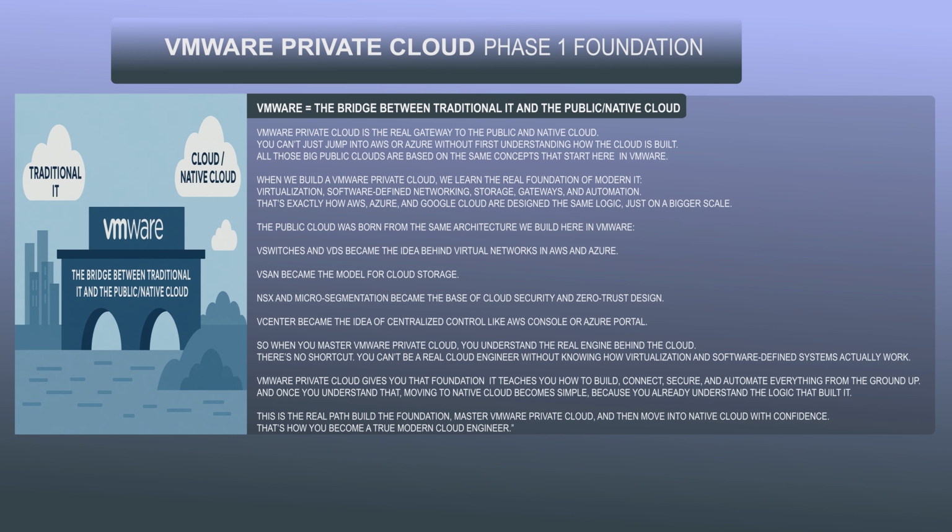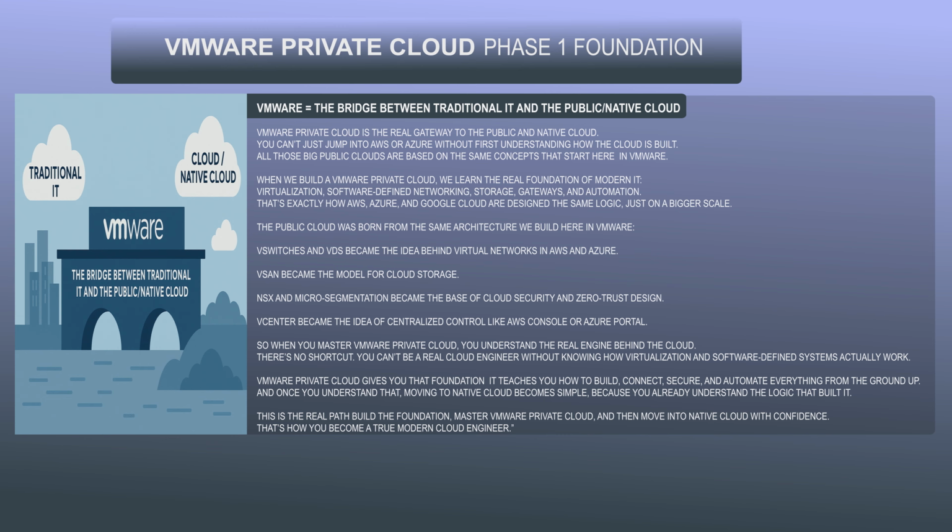All those big public clouds are based on the same concepts that start here in VMware. When we build a VMware Private Cloud, we learn the real foundation of modern IT: virtualization, software-defined networking, storage, gateways, and automation. That's exactly how AWS, Azure, and Google Cloud are designed. The same logic, just on a bigger scale.